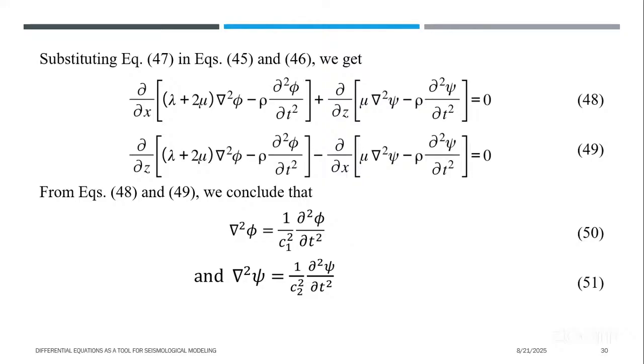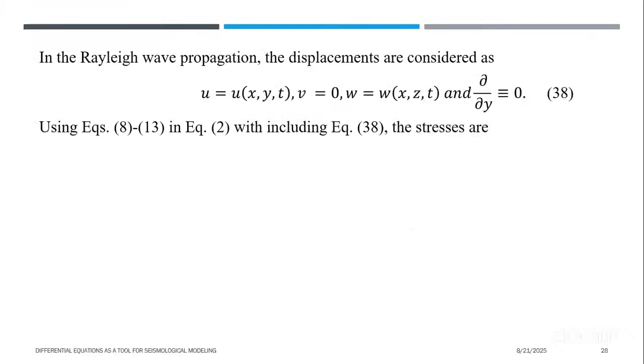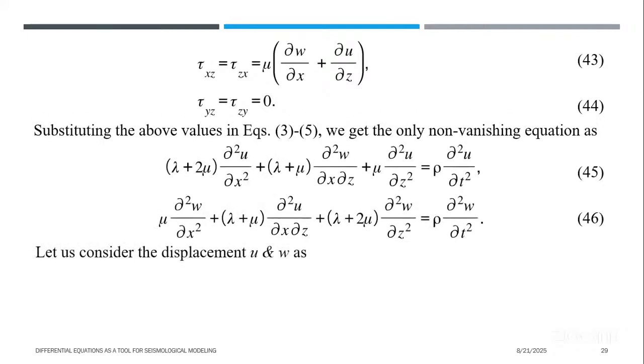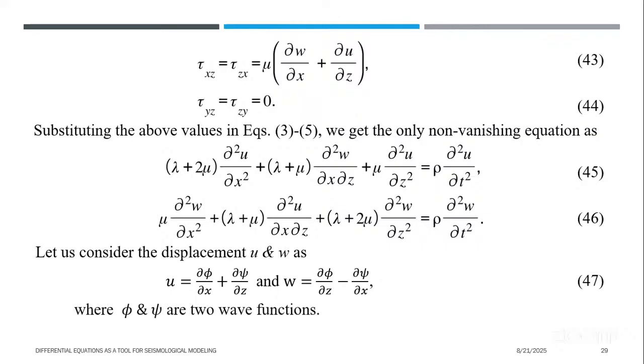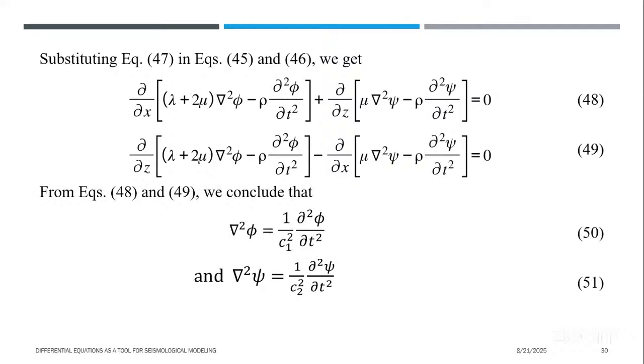So it's del 2 del x2 plus del 2 del z2. There is no del y2, because we have already assumed that del y is identically 0. No quantities are going to vary depending on y, so there is no partial derivative appearing in terms of that. So if we assume this, we will get these two equations, and from these two equations we will get 50 and 51.